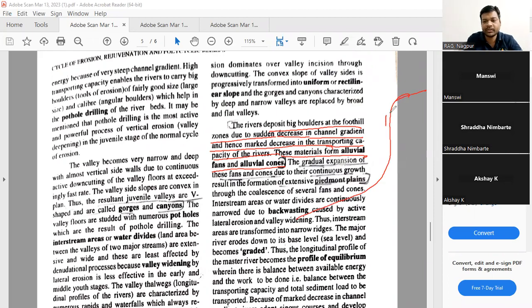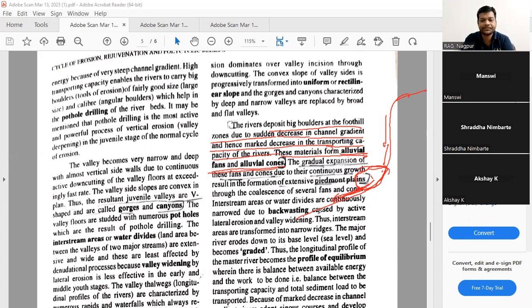This is a slope from where material has come, but the river is unable to take the material away from here. So it will deposit the material here itself, leaving it and only taking the smaller, lighter material which it can carry with ease.